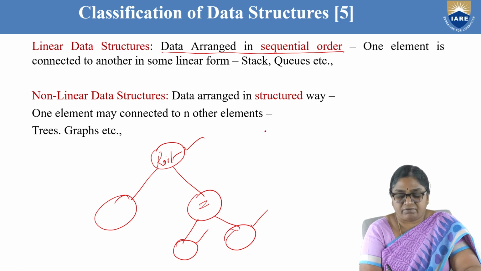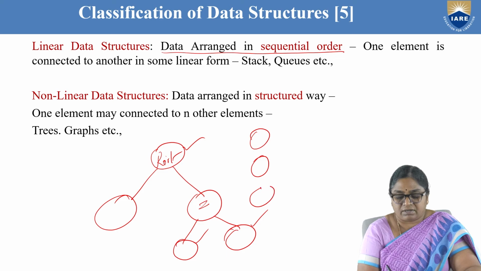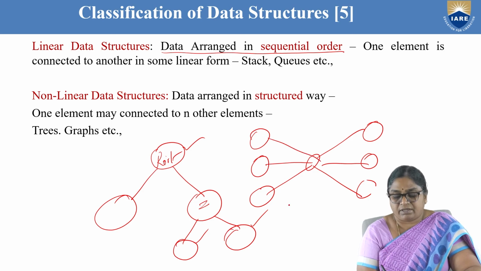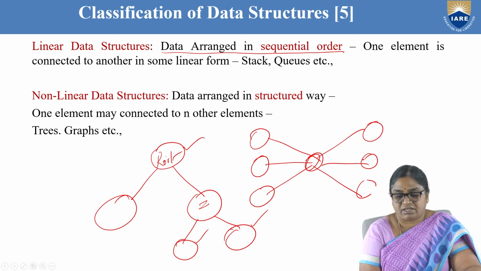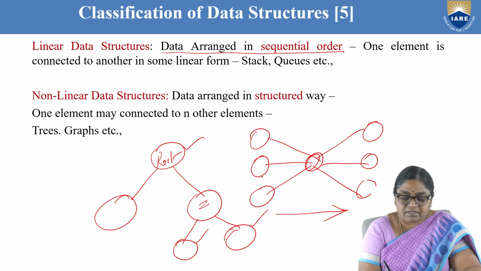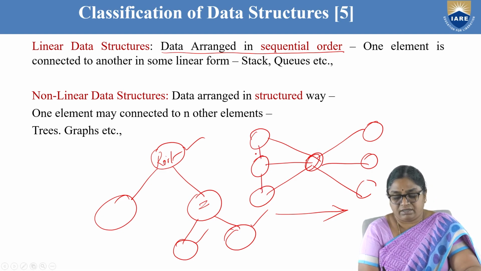Similarly, if I'm taking some graph, here this node has three predecessors and three successors. If we see from left to right, if there is one more edge, something like this, then we cannot classify which one is predecessor and which one is successor in this structure.